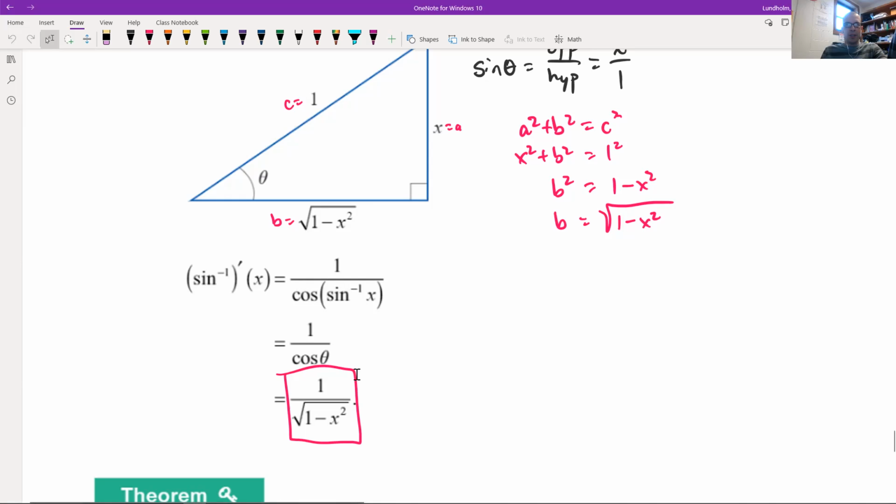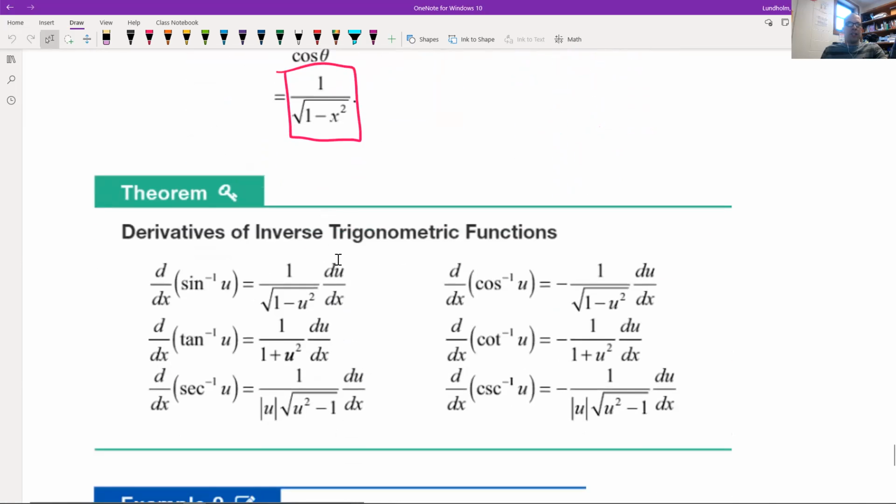And very, very similarly, all the other inverse trigonometric functions have derivatives that look pretty similar: arcsine, arccosine, arctangent, arccotangent.